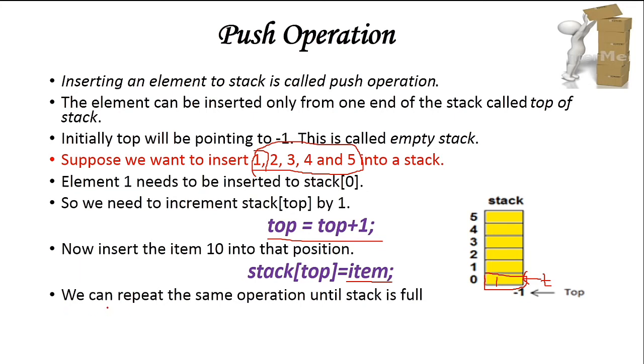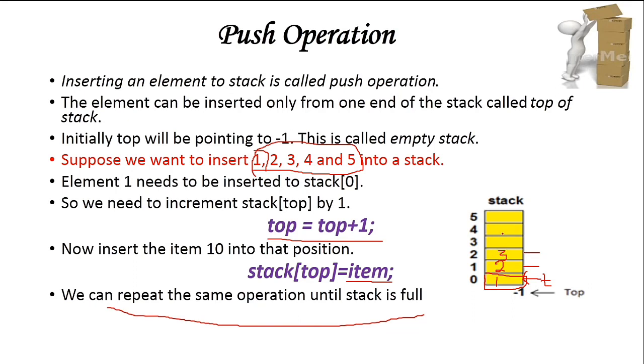Again, what I need to do? Repeat the same operation until the stack is full. That means until you reach this position, you can repeat the same operations, right? So I will increment the top by 1 and insert the element over to this. I will increment the top by 1 and insert the element over to this.